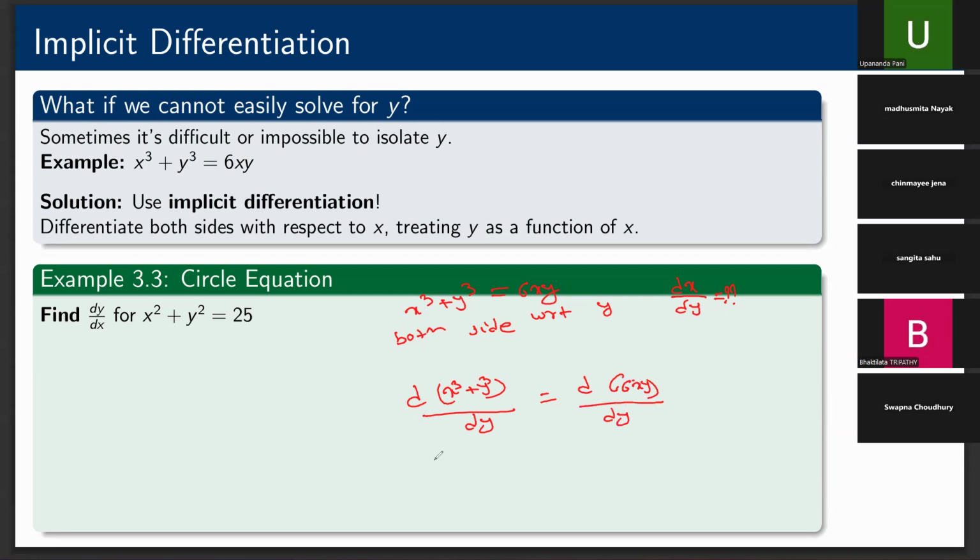In this condition, take the derivative of x cube plus y cube. First, I have to find the derivative of x cube with respect to y. Then I have to find the derivative of y cube with respect to y. And on this side, 6x can be taken outside easily.